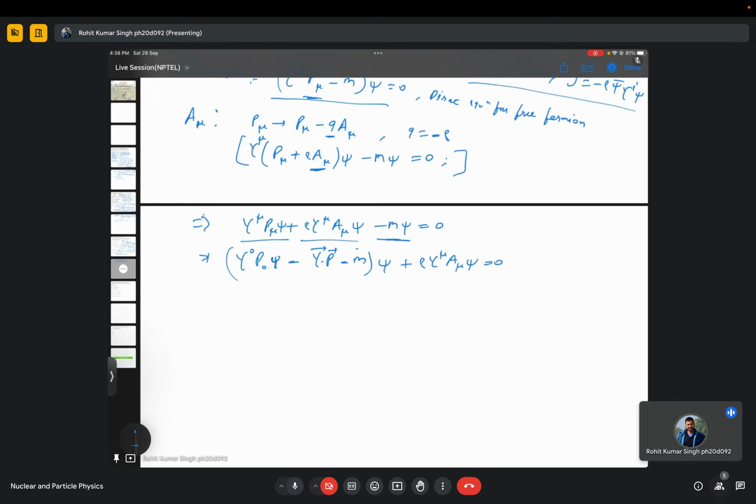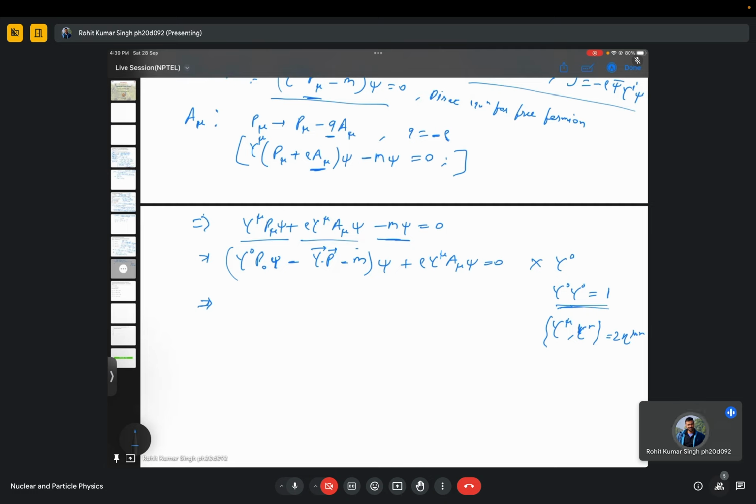Then let's multiply it with gamma 0. We know that gamma 0 squared is 1, right? We discussed this in the last lecture. This can be easily derived using the anti-commutation relation of gamma mu. You can just put 0 0 and you will find it's 1.